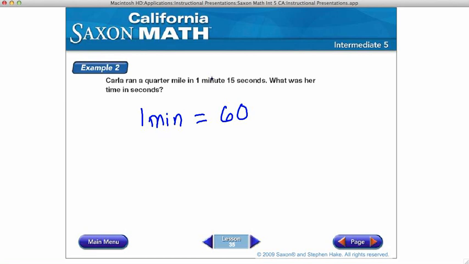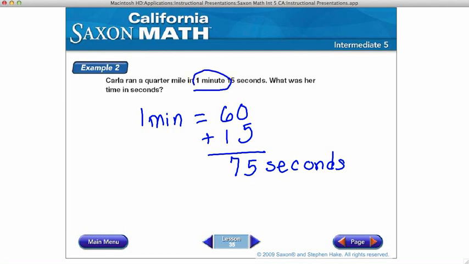So I have 1 minute, I'm going to convert that to 60 seconds. And then I add those other 15 seconds for a total of 75 seconds. So I took this minute and converted it to seconds here, and then I took these 15 seconds and added them down here after I converted.